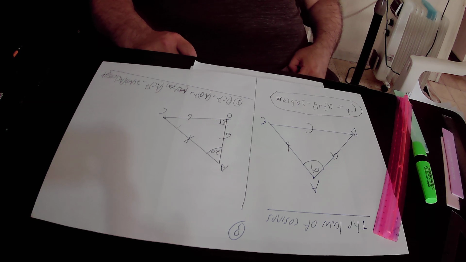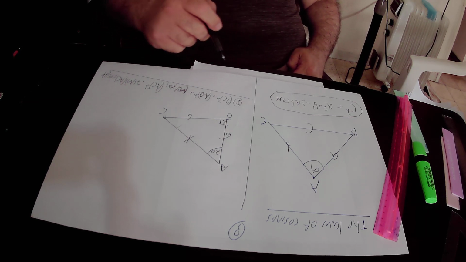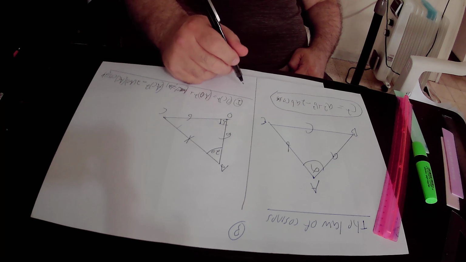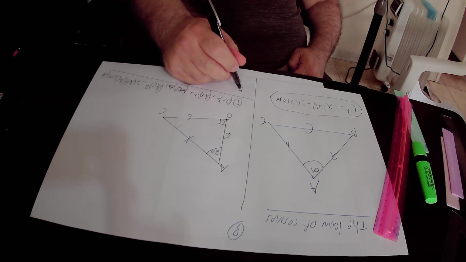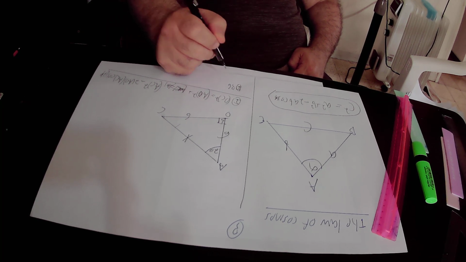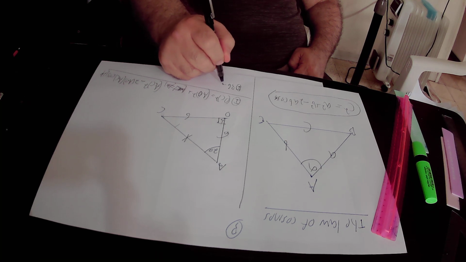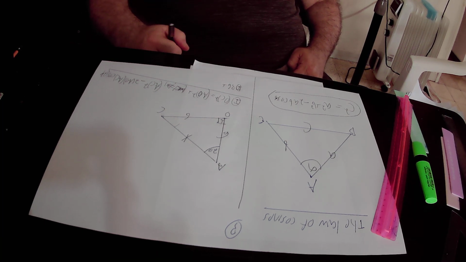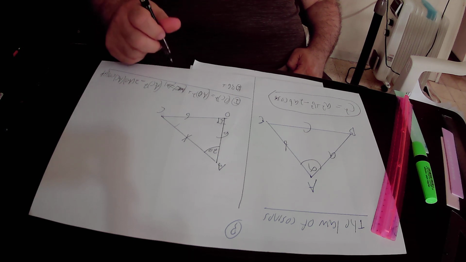So here AO equals 6 units. Therefore, AO squared is 6 squared, that is 36, plus AC squared.